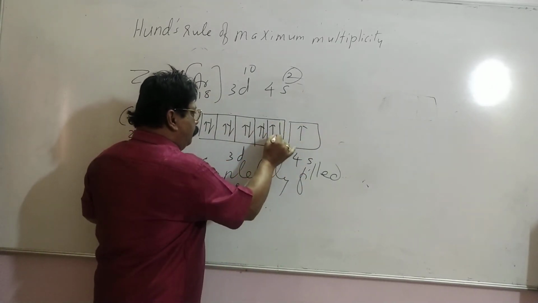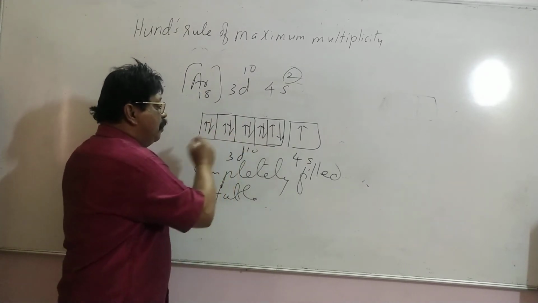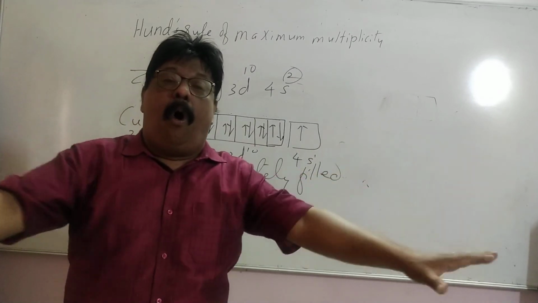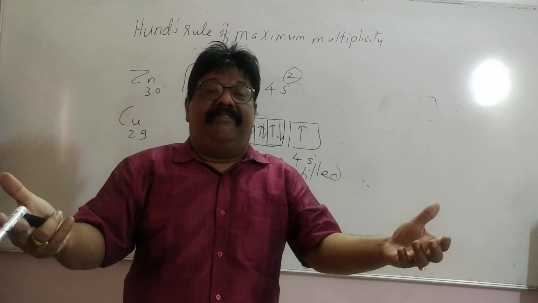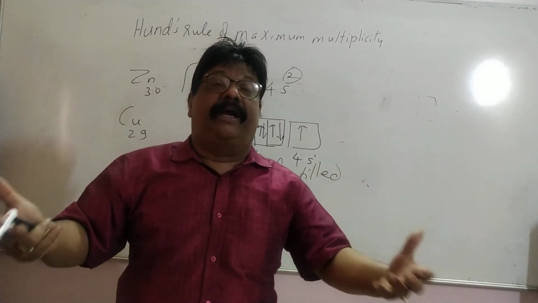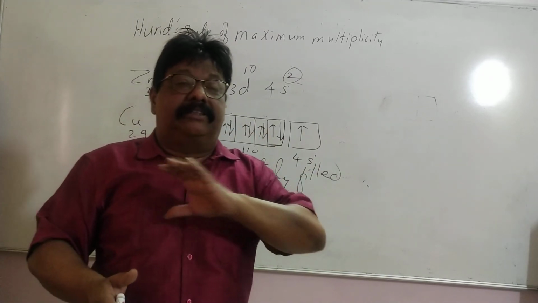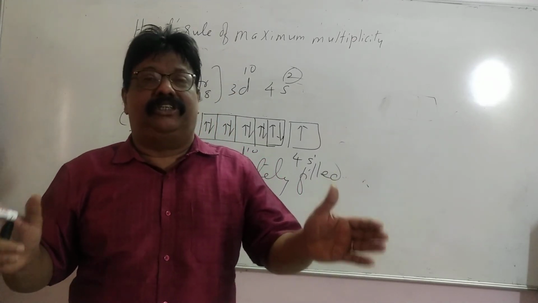We will take one electron from 4s, as we did in chromium, and fill it into this one. Now see, 3d10 4s1, 3d10 is completely filled. All the 5 orbitals of 3d are completely filled and it is more stable. And you know, everybody wants to become stable. They want to get settled. Similarly, the orbital 3d10 becomes completely filled and it is happy because it is more stable.